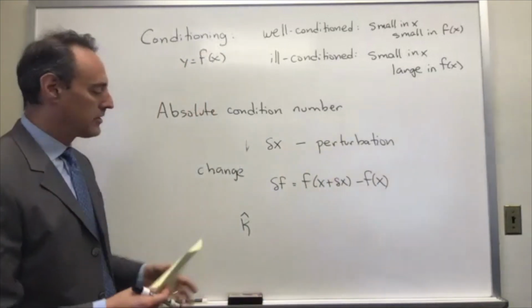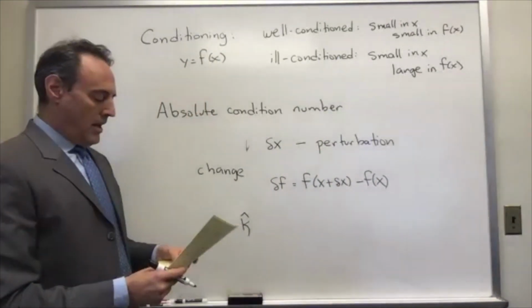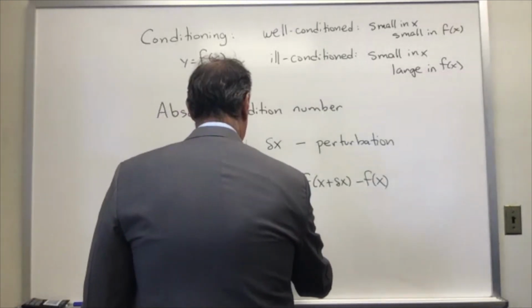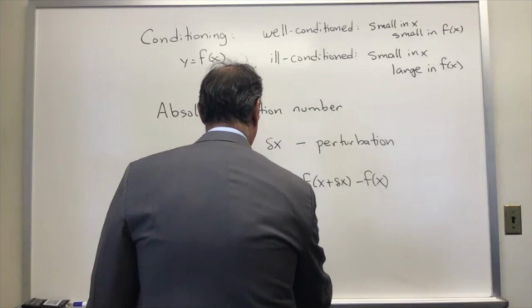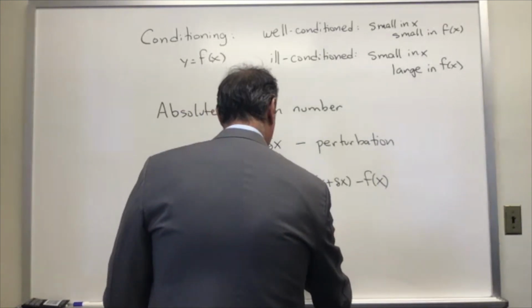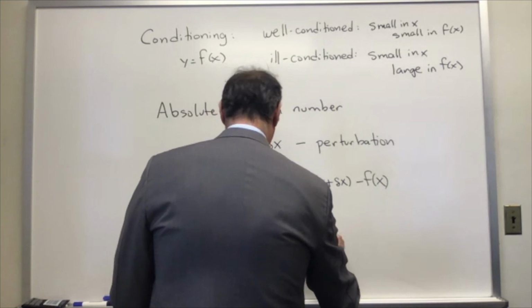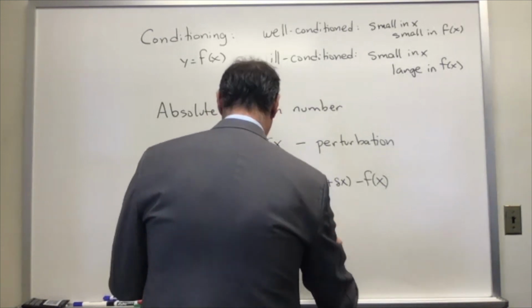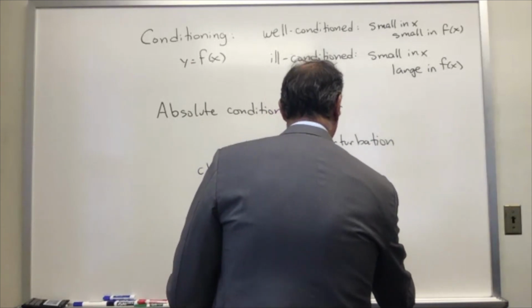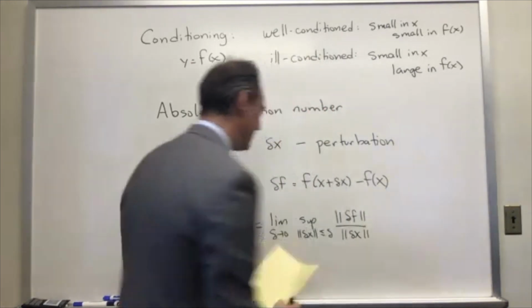But kappa hat is the absolute condition number, which is the following definition. It's the limit as this delta goes to 0 of the supremum of all these delta x's less than or equal to delta, which is the delta f of the delta x.